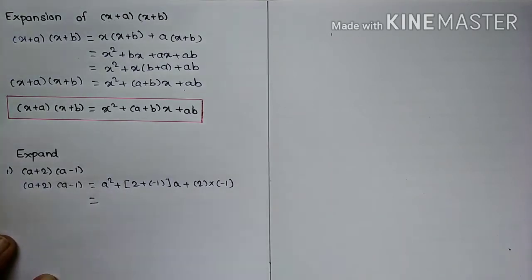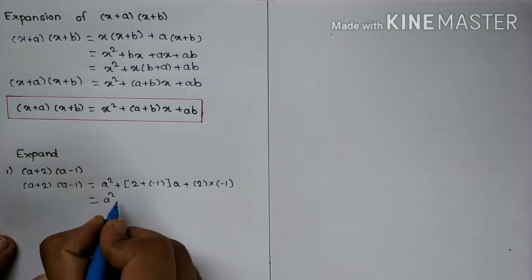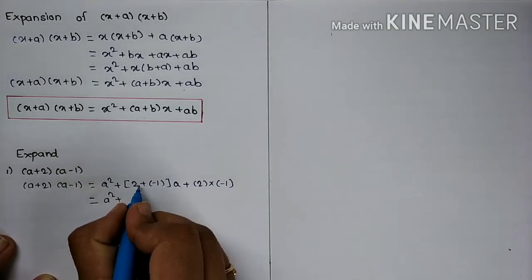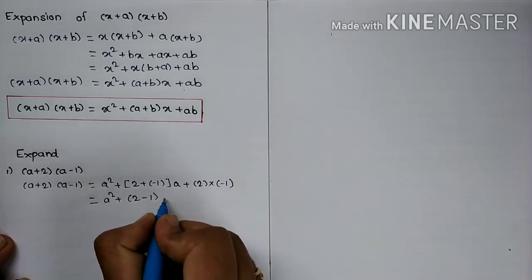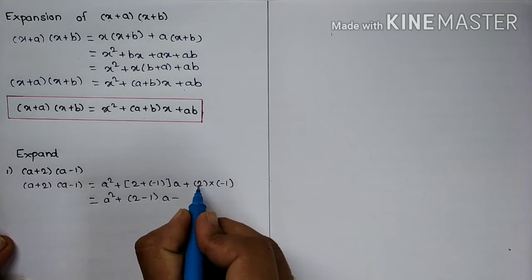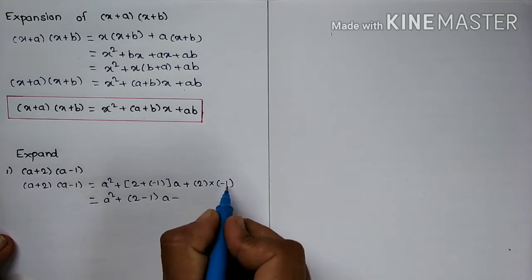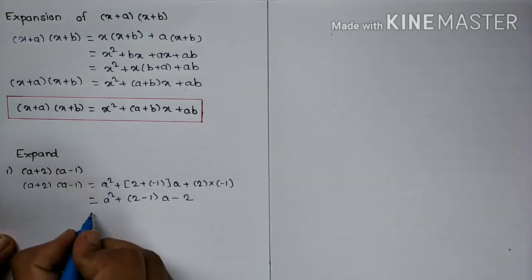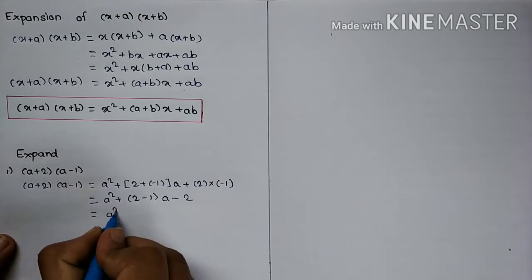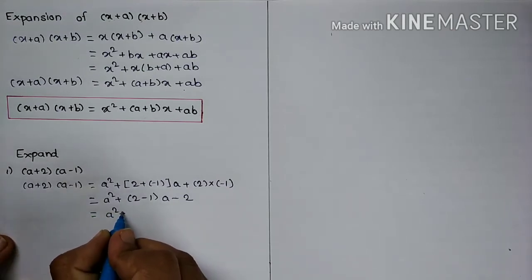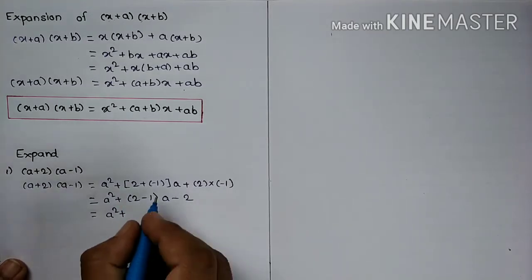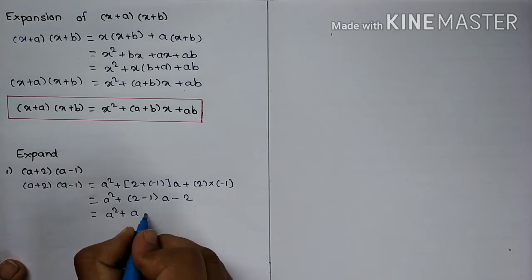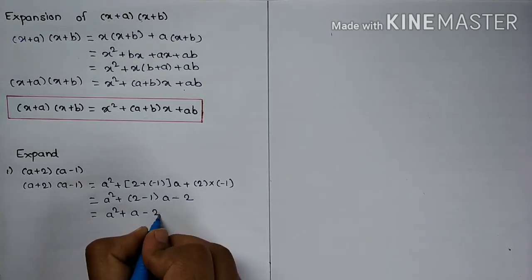Now we simplify: a square plus (2 plus minus 1) into a plus 2 into minus 1, that is minus 2, which is equal to a square plus 2 minus 1 is 1, that is 1 into a. 1 into a means a, minus 2.